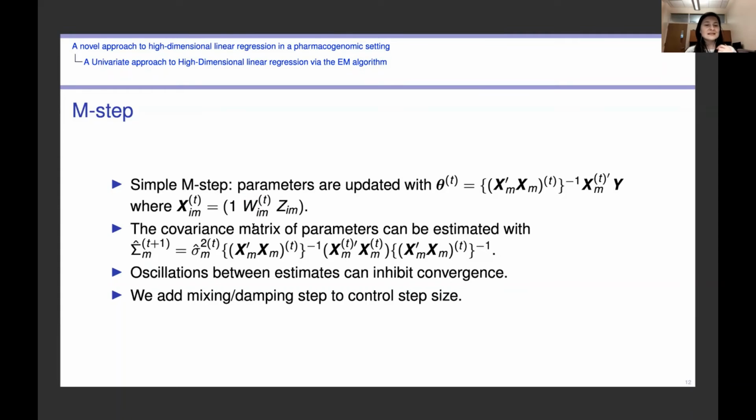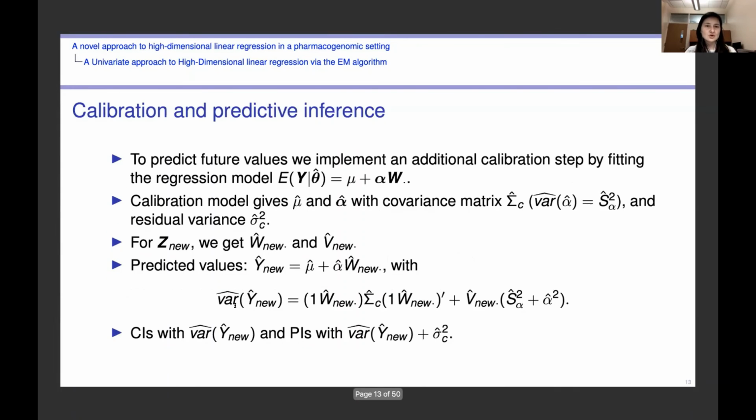Also in this step, we get covariance matrices, so we're calculating variances to do inference later on. Something else we do in the algorithm to help convergence is an additional mixing step after the M step that helps us converge at an appropriate speed to the estimates.